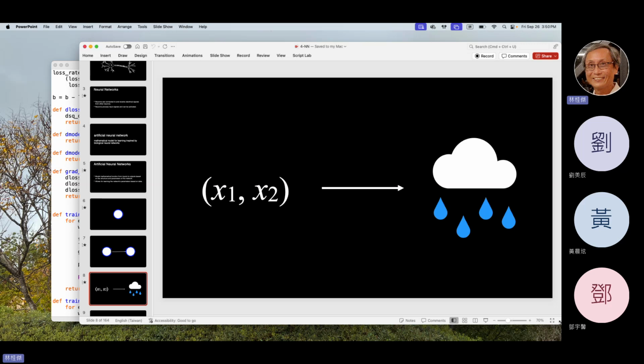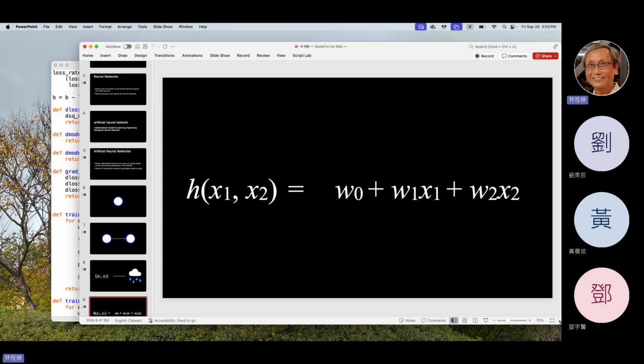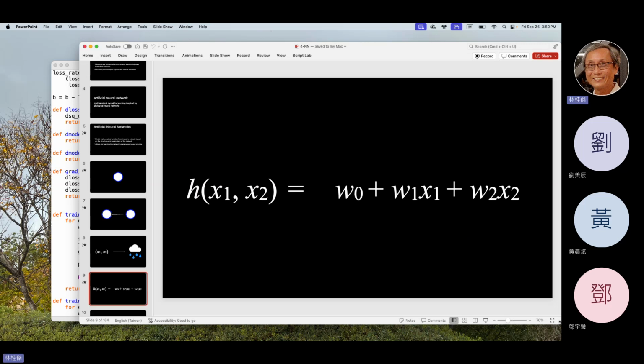Using the two numbers, I have sensed something, and I want the system to decide whether it's going to be raining or not. So we have used this model before: given x1 and x2, humidity and pressure, we can have this type of function with W0, W1, and W2, and you can train the system. Eventually, we hope that it will be able to come up with the correct answer, whether it's raining or not.